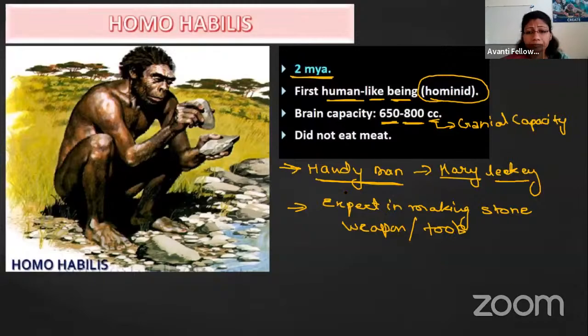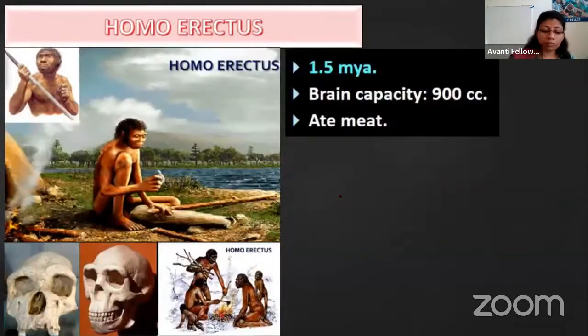Is it clear? Okay, now we are moving towards the next member of the evolutionary sequence, the Homo erectus. The Homo erectus is the fifth one. They appeared just after 0.5 million years of the Homo habilis, 1.5 million years ago.